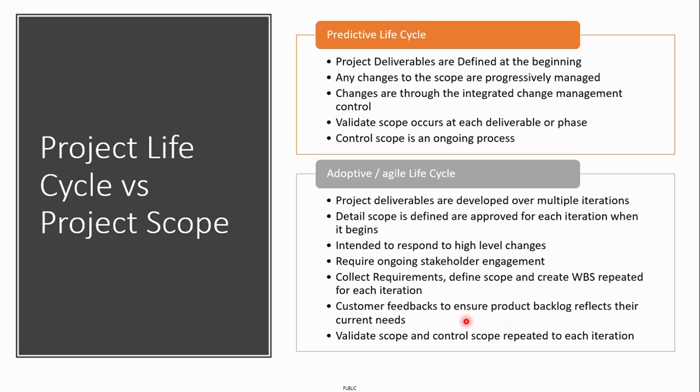So the customer feedback is taken at the end of each iterative cycle, and validating the scope and the control of the scope will be repeated at each iteration, where at the end of each iteration the customer will be shown a workable product, and the feedback and any changes will be captured and taken forward as an input or backlog requirements for the next iterative cycle.